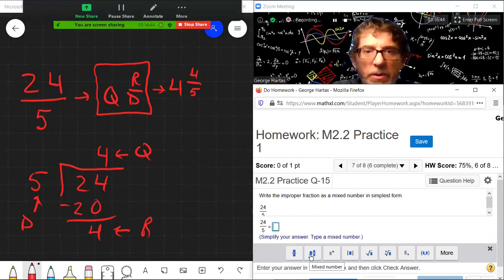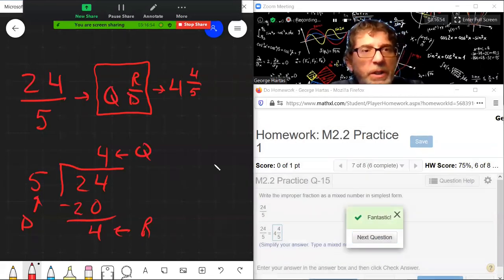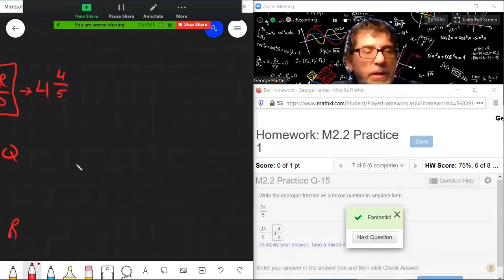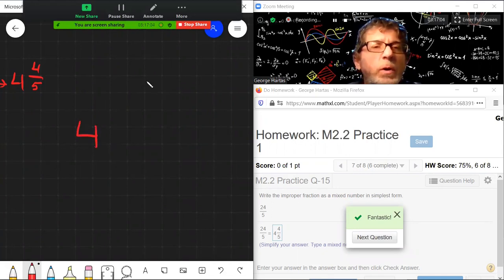Click this, the mixed number symbol, 4 and 4/5. Now, pretend our answer was 4 and 2/6.